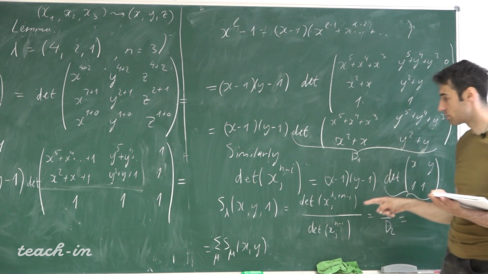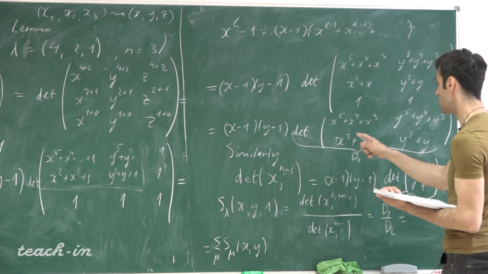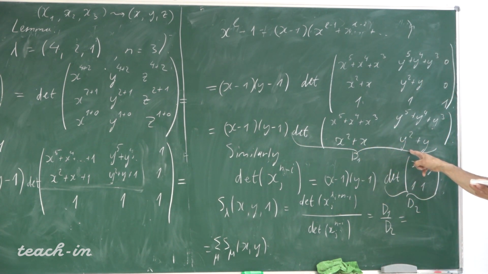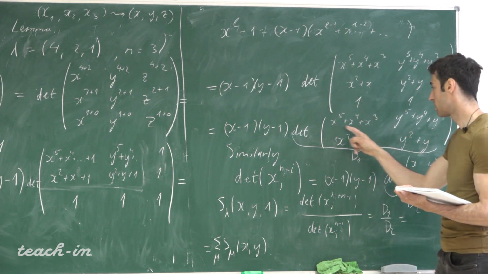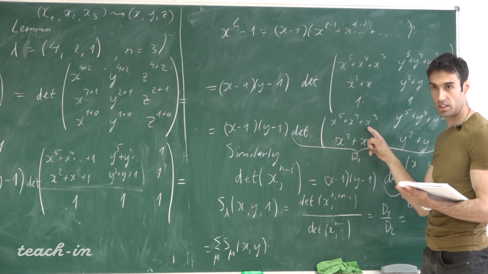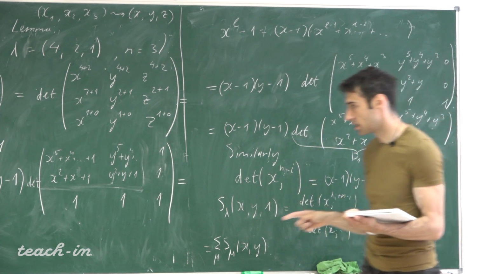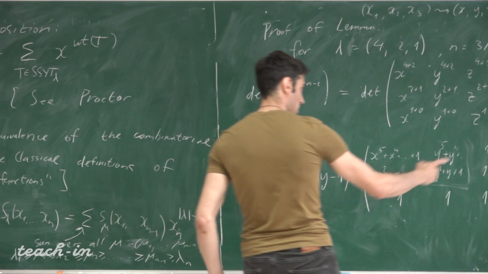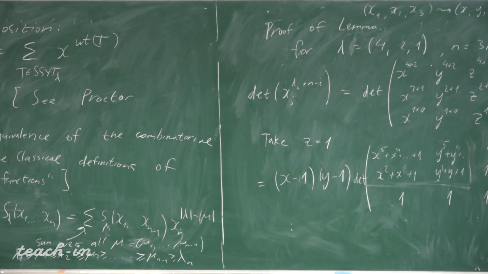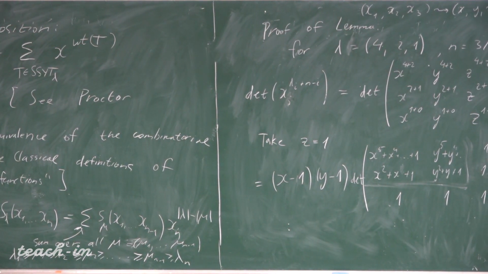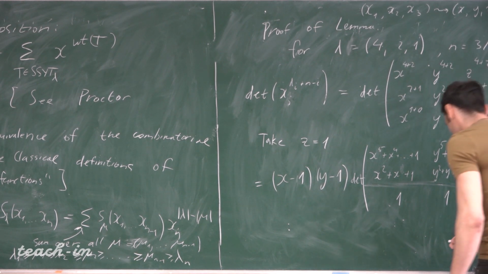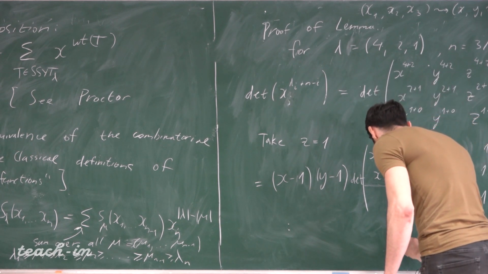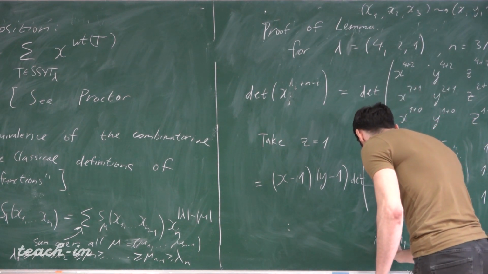All these S mu's will be of the form x to some power, y to some power. And we need to check what power can be in here, and that mu1 is between lambda 1 and lambda 2.